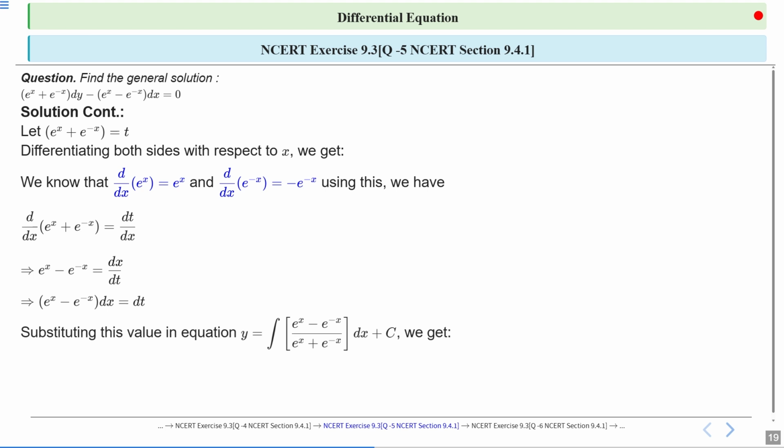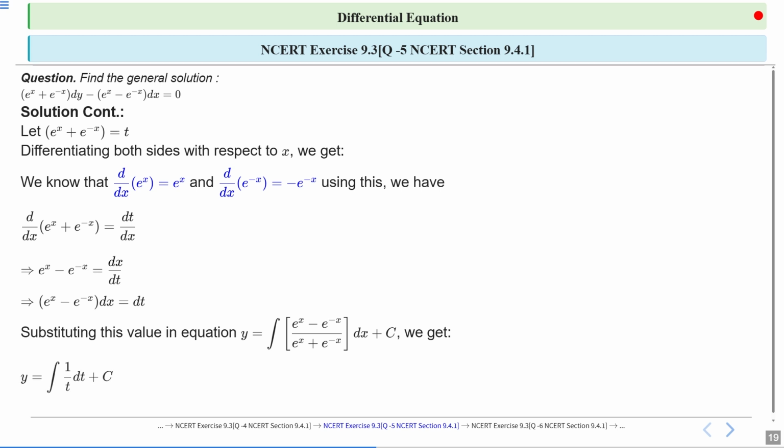Substituting this value in the equation y is equal to the integration of (e^x − e^(−x))/(e^x + e^(−x)) dx plus c, we are just using the substitution method to integrate this.